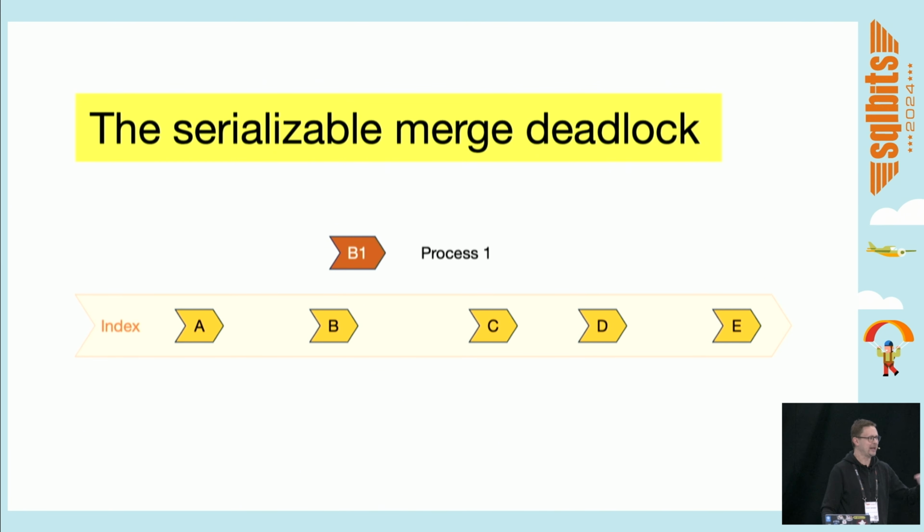But because the pattern uses a merge statement, the merge statement goes and checks if the row exists. If it exists, it updates the existing row. If it doesn't exist, it inserts the row. There's row 1 for B1, and then there's B2.